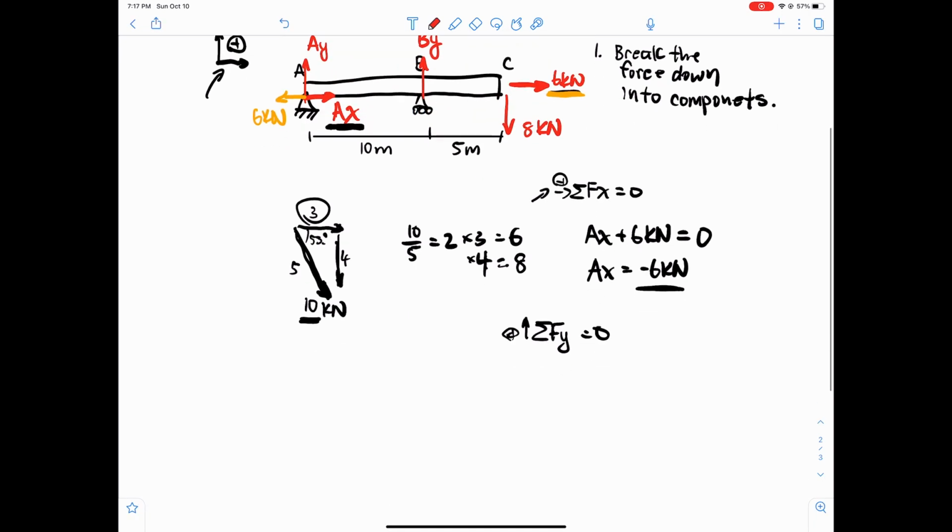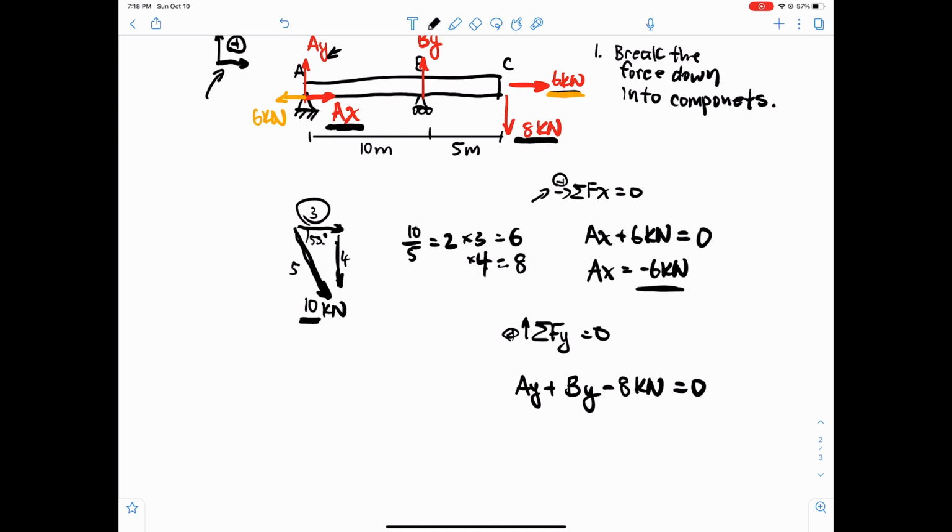So all we have to do is simply say AY, which is the vertical reaction at point A, plus BY, vertical reaction at point B, and minus 8 kilonewtons. This is from the force. And all that adds up should equal 0.